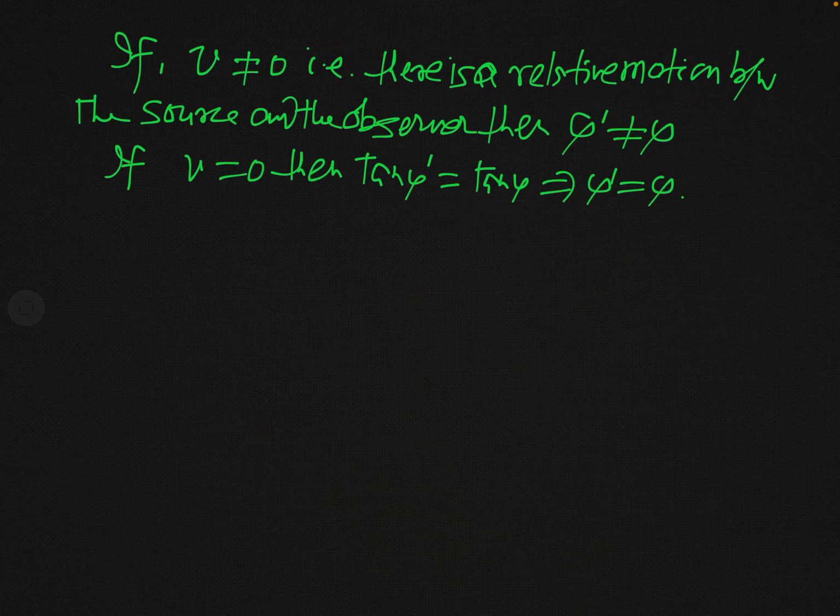So what are you seeing here? That when there is a relative motion between the source and the observer, then the direction of propagation of light measured by the two observers in relative motion are different. One measures the direction as phi prime, another measures the direction as phi, and both are not same.